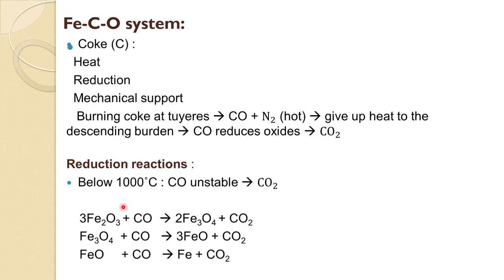Now, we talked about this system. Now, we will talk in a different way about the reduction. As you know, usually coke is used for heat generation and mechanical support, and it burns at the tuyere level and gives the heat.